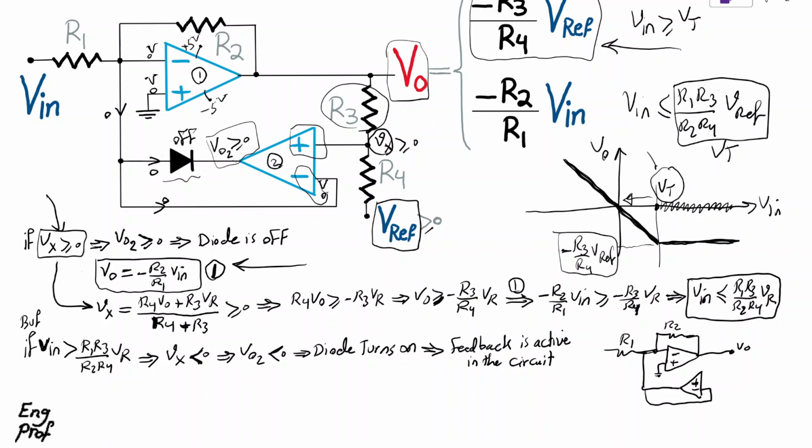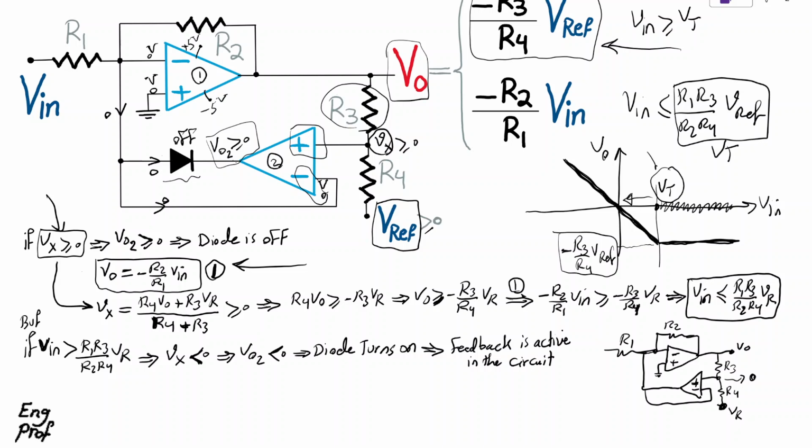So effectively it is in a buffer scenario. Now we have R3, we have R4, and we have Vref, and here Vx is now set to 0 effectively.